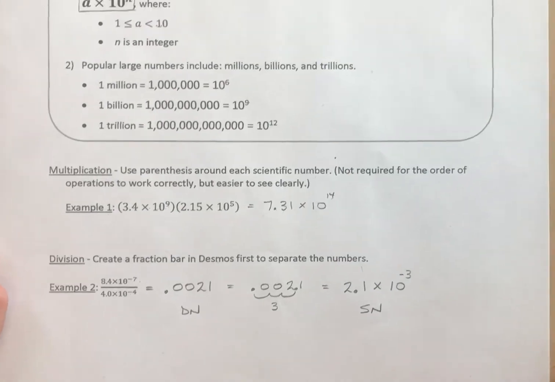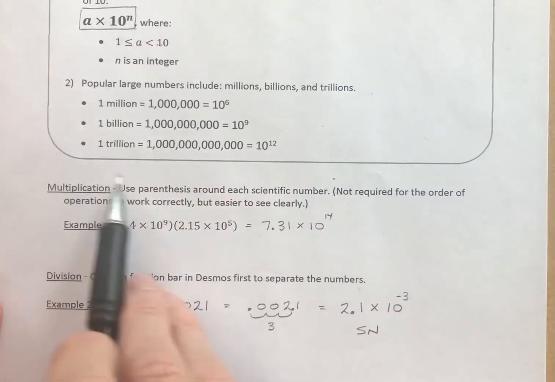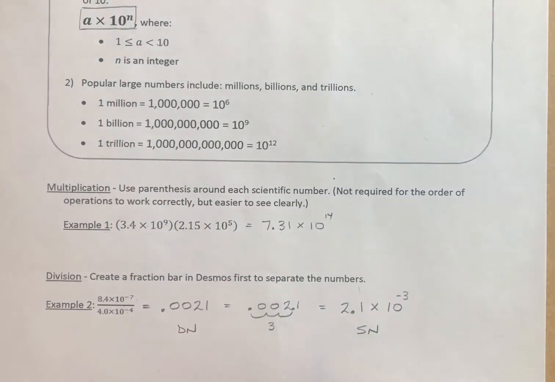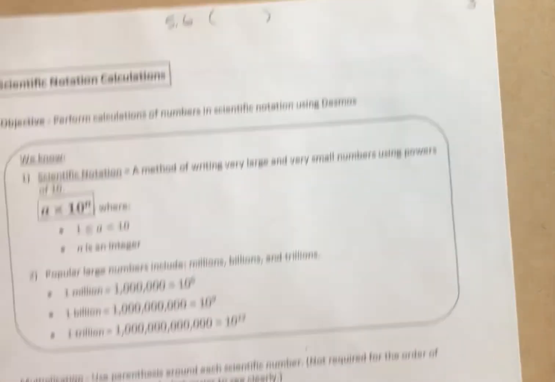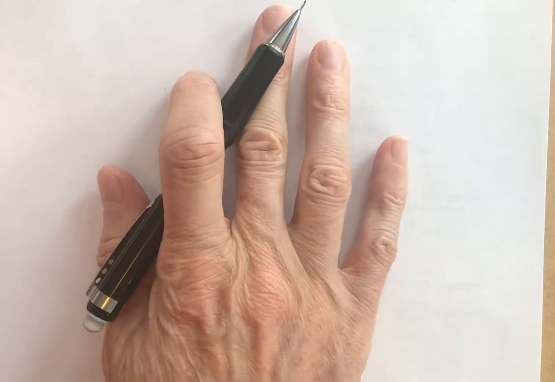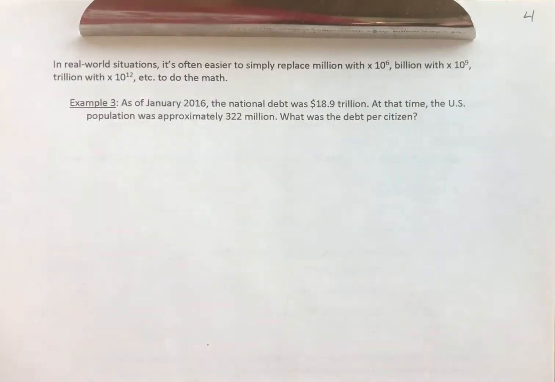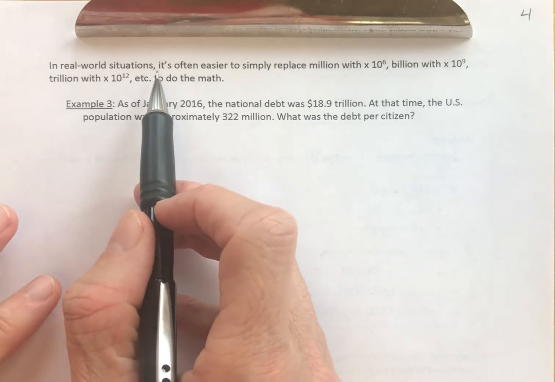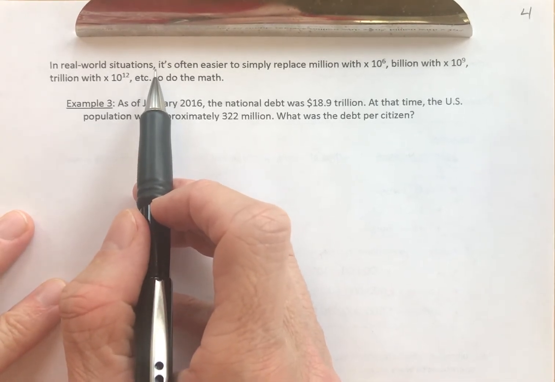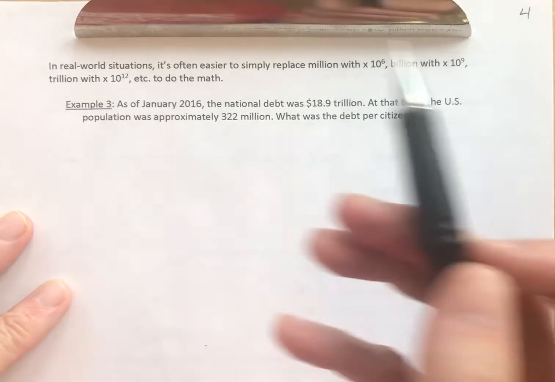Okay, in example 3, let's look at an example that we can deal with instead and not have to worry so much about being precise with our scientific notation. In real world situations, we're often told this is some billion, this is some trillion.